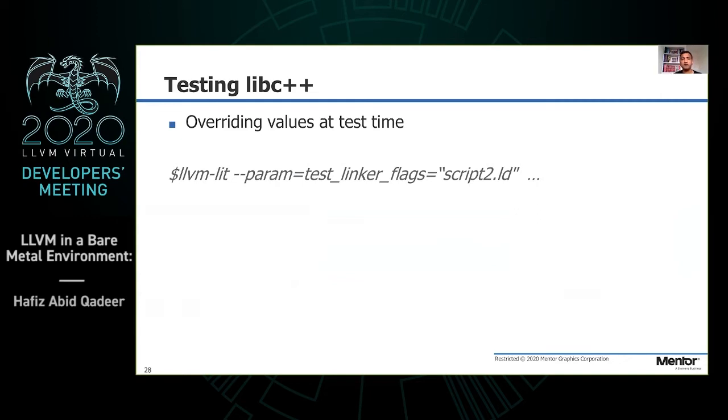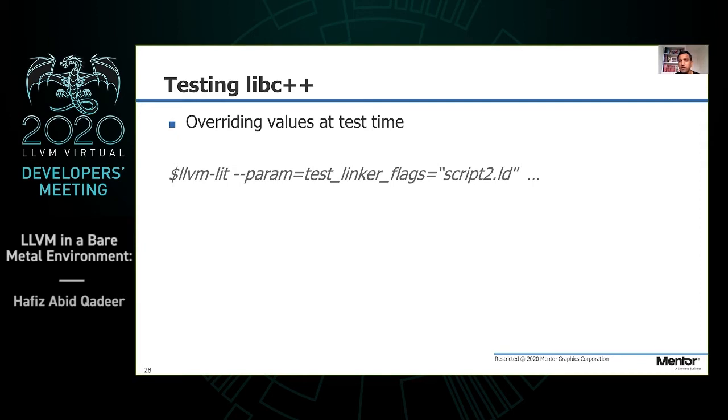One other thing that I want to point out is that, for example, you have run your test suite and you got your results, but now you need to run it on some other target that has the same architecture, but it has a different memory map. So maybe you need to use a different linker script, or maybe you need to use a different executor. So in our previous setup, we would have to rerun CMake so that we can provide the values of these variables.